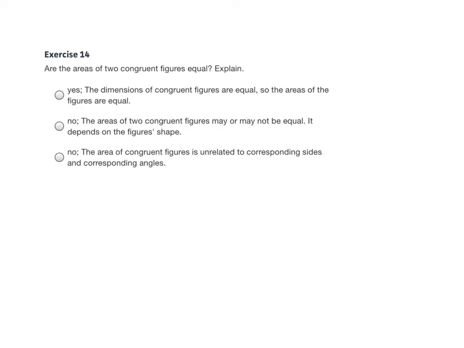Are the areas of two congruent figures equal? Well, congruency we know is same size, same shape. And so if something has the exact same size and the exact same shape, there's a lot of things that are congruent. The angles are congruent. The side lengths. The perimeters.